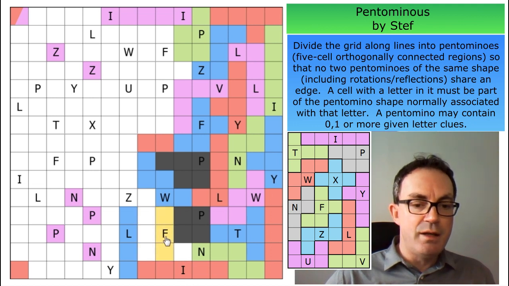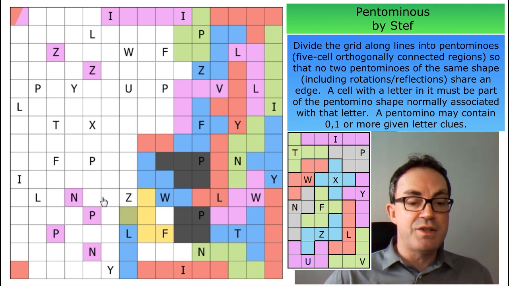Now, if it's here, you can put the F in, but the P hasn't got a 5th cell, so that doesn't work at all. So you're going to have to do this, but to pick up the F now, we need to have either this square or this square as an F. Neither of those work. Or you have to do that and take that, and that doesn't work either.